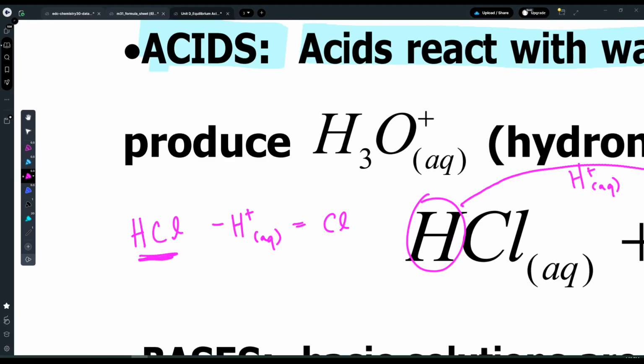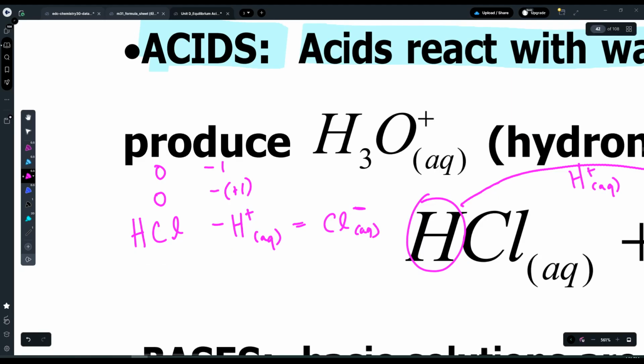This is a neutral compound, so it has a 0 overall charge. If it lost a 1+ charge, essentially we're going 0 minus 1. That's part of the reason why the charge on the chloride ion is -1.